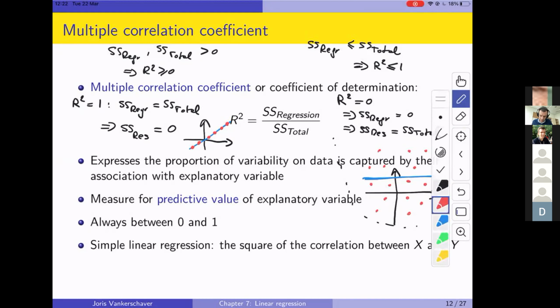So in the first case, I have perfect predictive power, and in this case, I have no predictive power.